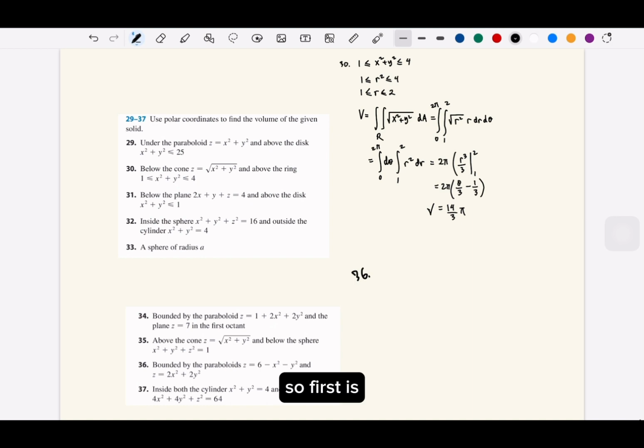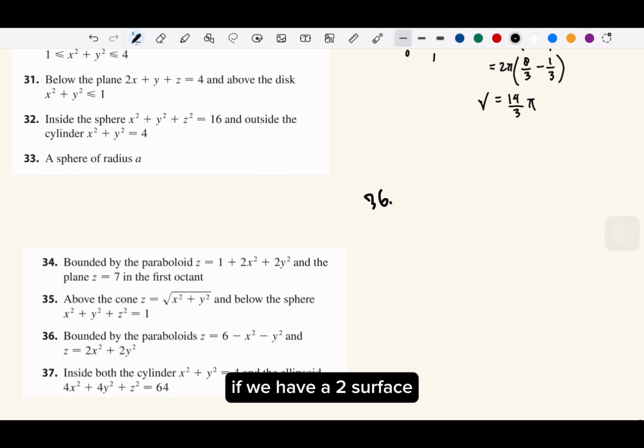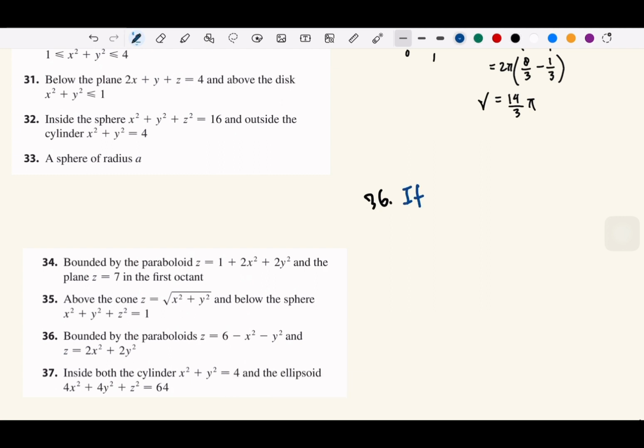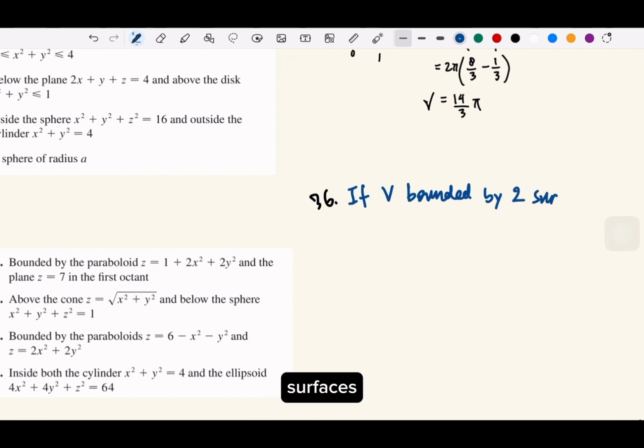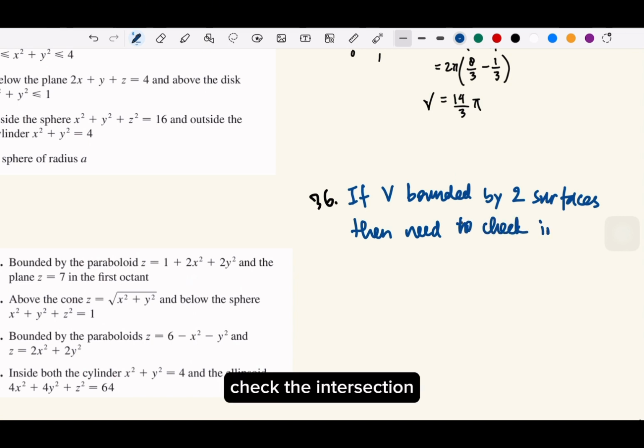So first, if we have a volume bounded by two surfaces, then we need to check the intersection.